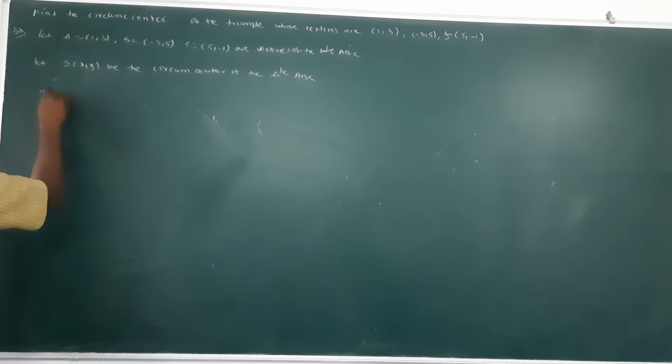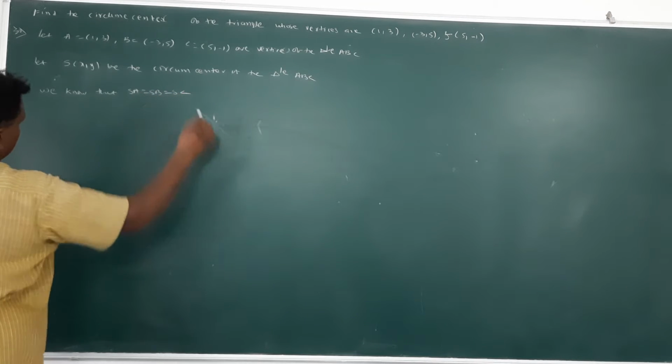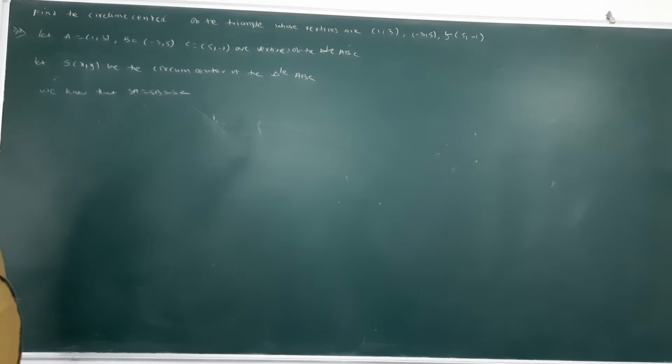Already we know that SA is equal to SB is equal to SC. Nothing but, for the circumcenter of the triangle, the distances to the vertices are equal.